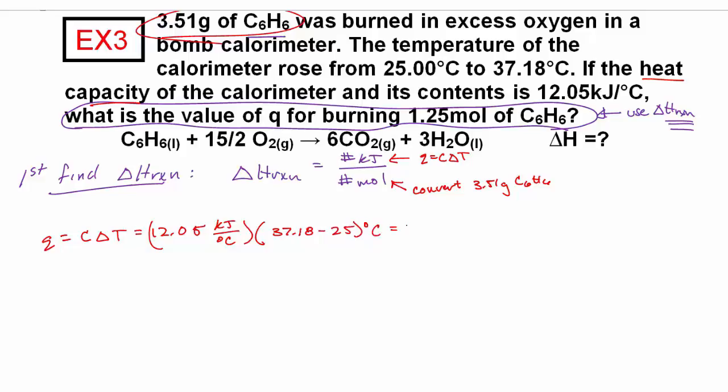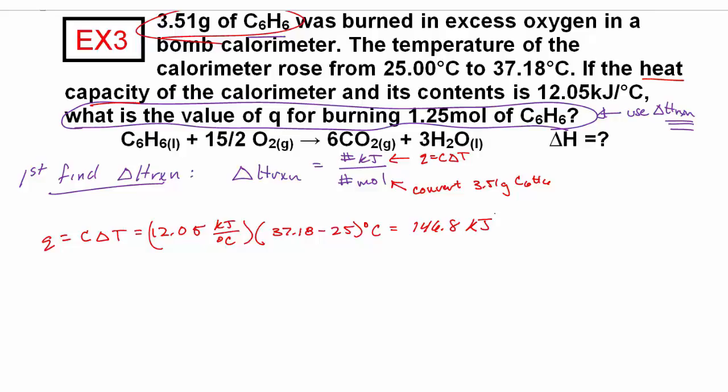So 12.05 times, parentheses, 37.18 minus 25, close parentheses. I get about 146.8 kilojoules.